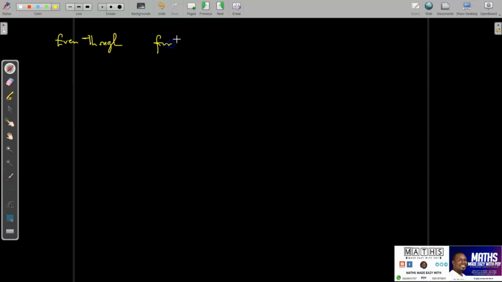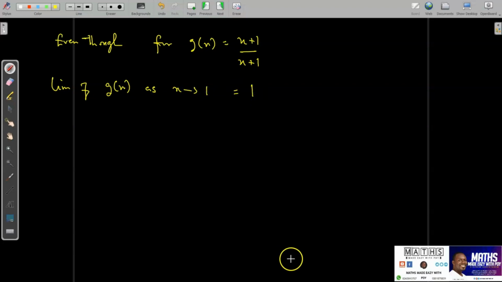So what it means is that for g of x equal to x plus 1 all over x plus 1, when you find the limit of g of x as x approaches negative 1, the answer is equal to 1.